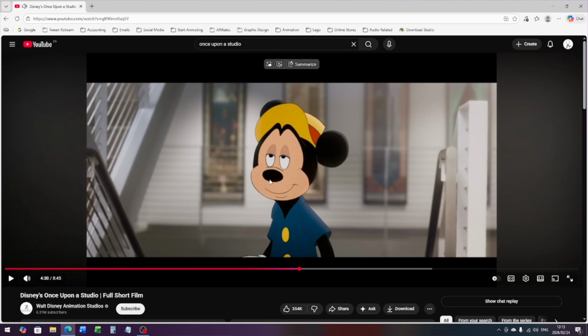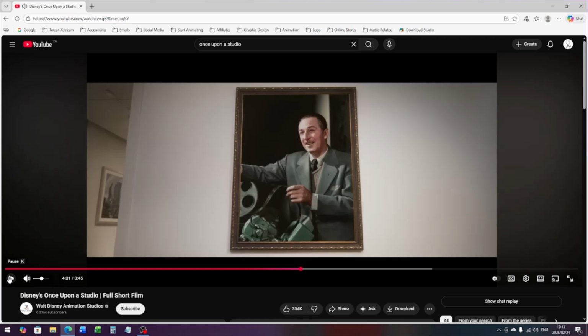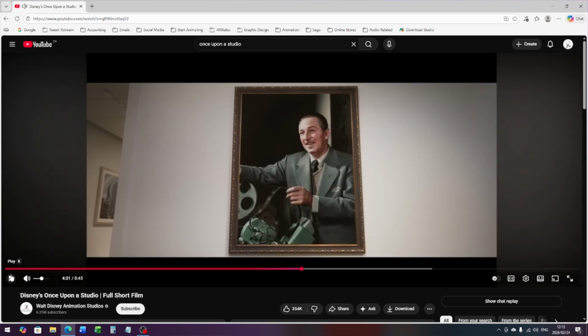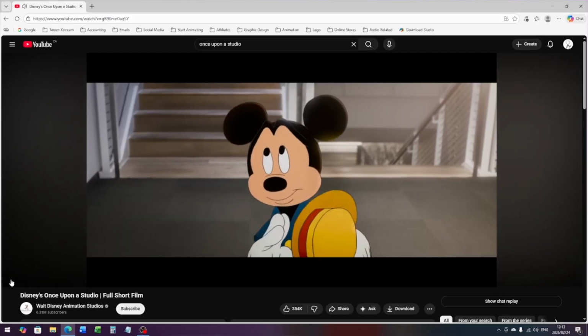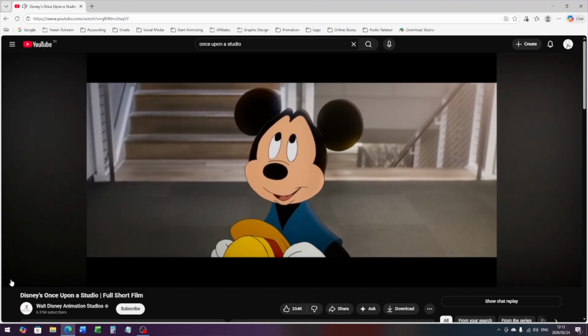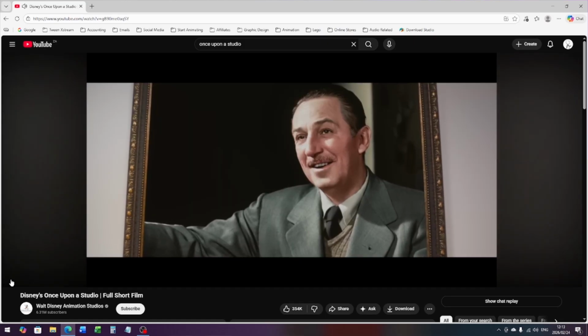So there's a bit of squash, stretch with Mickey's face. So it's interesting to see how they use squash and stretch to provide emotion. There's a bit of stretch.